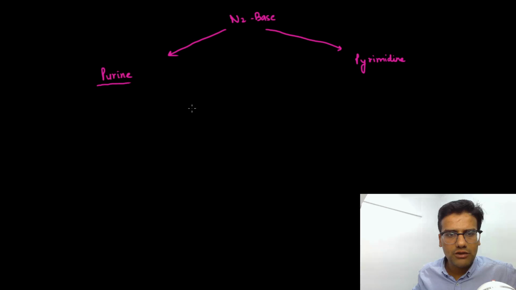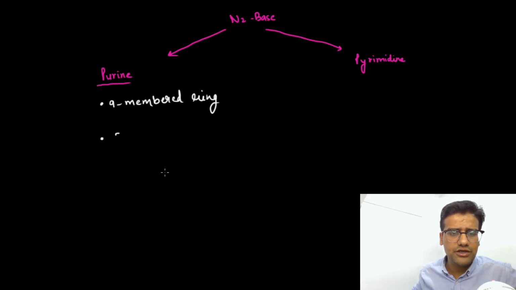If we talk about purine, it is a 9-membered ring structure, and this consists of two rings, therefore it is called a double ring structure.